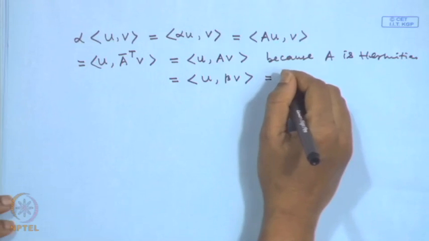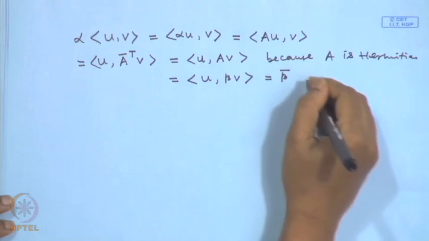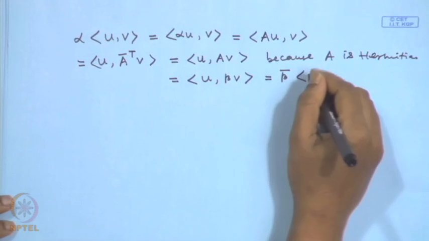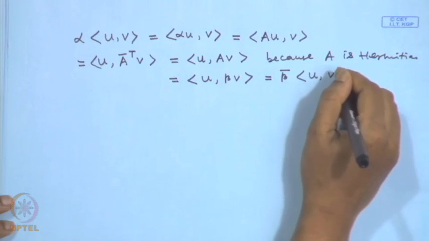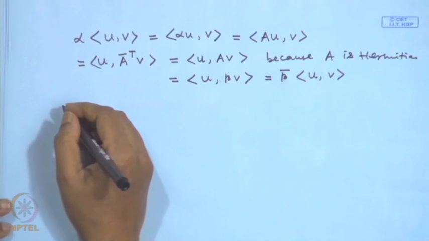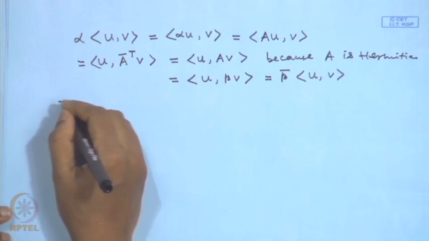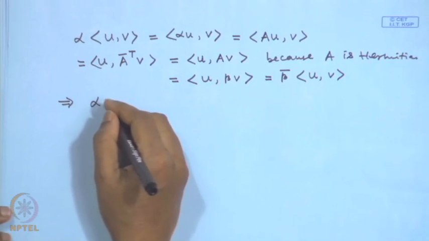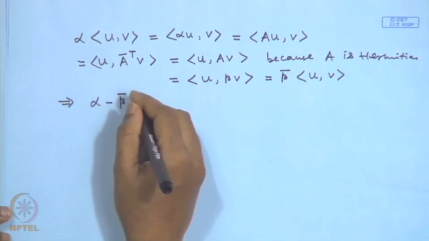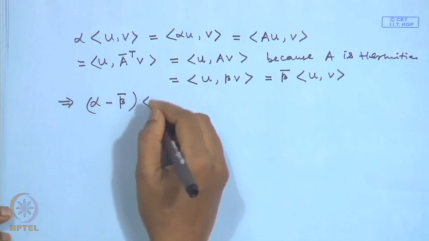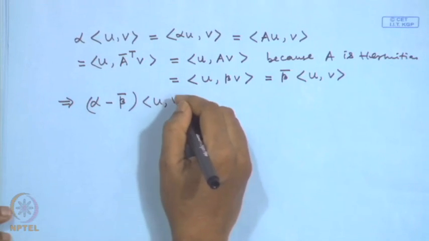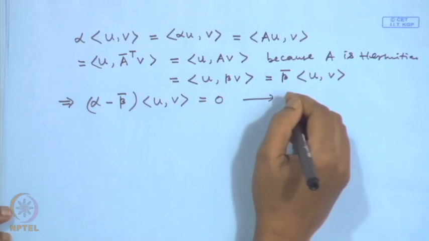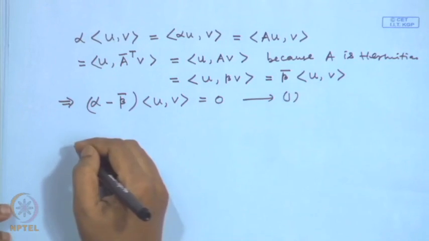So, if we take this scalar out, then we get its complex conjugate, beta bar, times the inner product of u and v. So, this whole thing implies that we get alpha minus beta bar times the inner product of u and v equal to 0. Let us say this is equation 1.